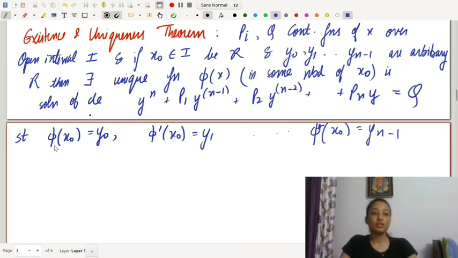Basically, these are the initial conditions given to us. When initial conditions are given, we get a unique solution. This theorem tells us exactly this.